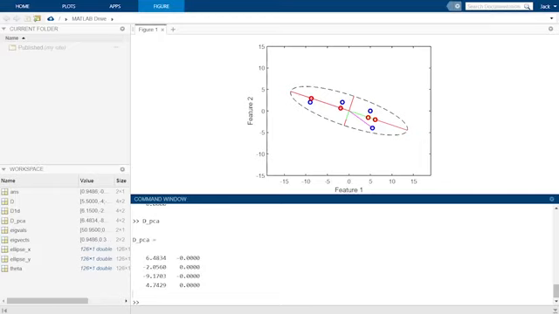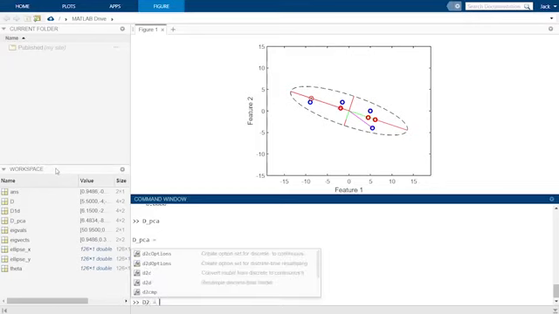In the example so far, the mean value of each feature in the data was already 0. But in case that is not the case, we can have PCA output the mean value it is subtracting from the data to compute the principal components as the sixth output assigned to variable mu.